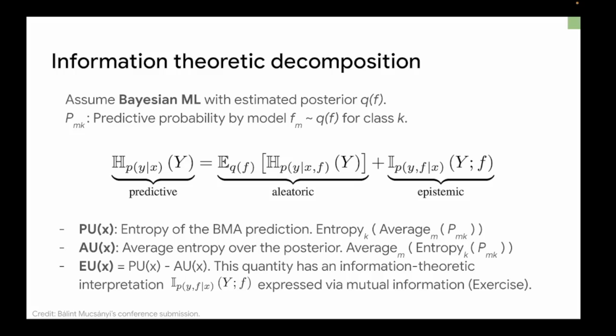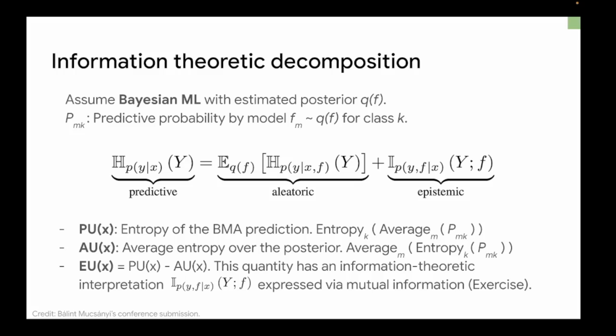So you already see that there's a bit of a problem in the overlapping definitions here and there. I'm not trying to say one of them is the answer. I'm just trying to say that there's a confusion. And it's not your confusion, it's the confusion of the whole field. So here they define PU of X as the entropy of the average of P_MK, where the average is taken among the Monte Carlo samples of the posterior, and entropy is taken along the class dimension.